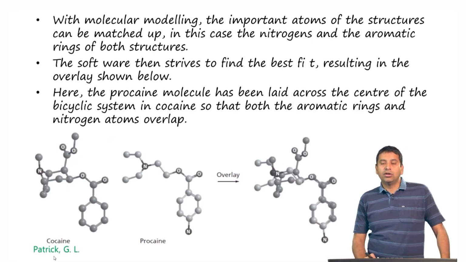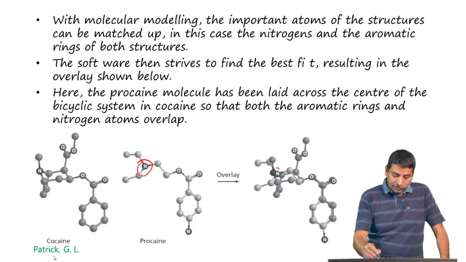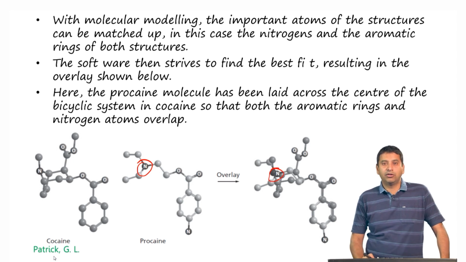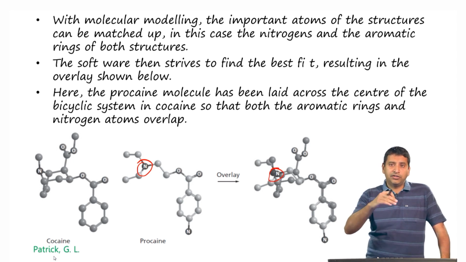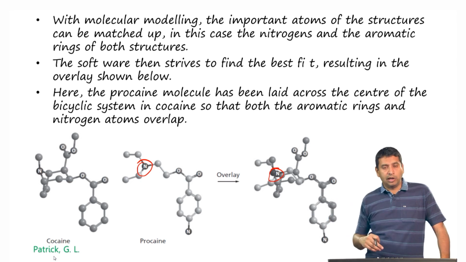When you actually do molecular modeling, you can match it up based on the energy minima. The software will then strive to find the best fit. When you do the best fit, you actually see that this nitrogen of procaine exactly overlaps with the nitrogen of cocaine. Here the nitrogen is laid in the center of the bicyclic system in cocaine, so that both the aromatic rings and the nitrogen overlap.